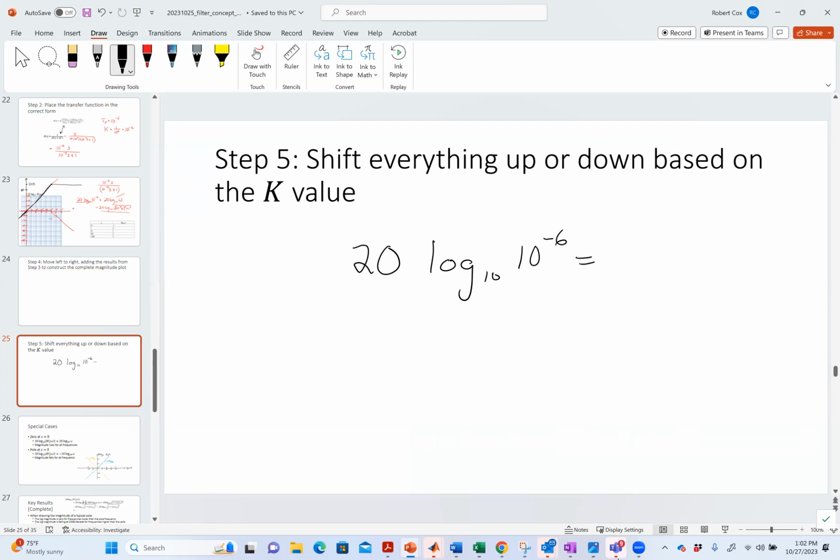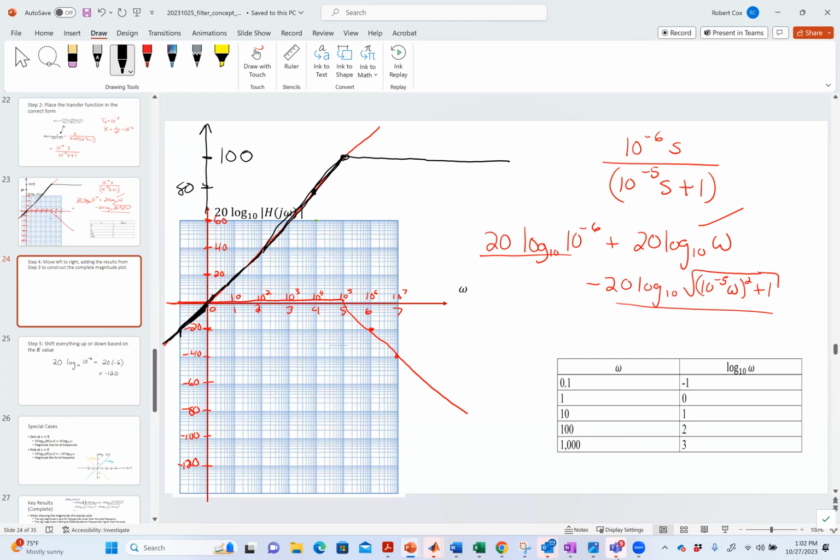What's that equal to? Yeah, 20 times negative 6, or negative 120. So what do I do with that? I shift the entire graph down by 120.